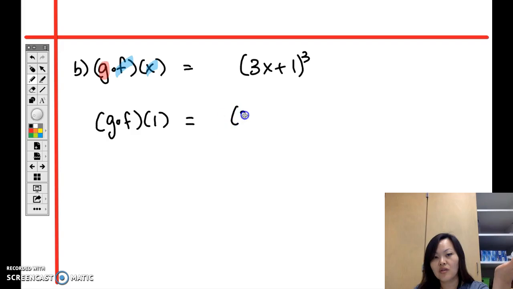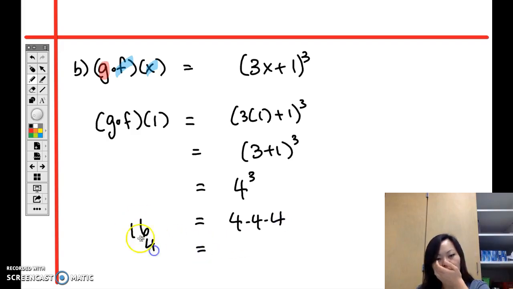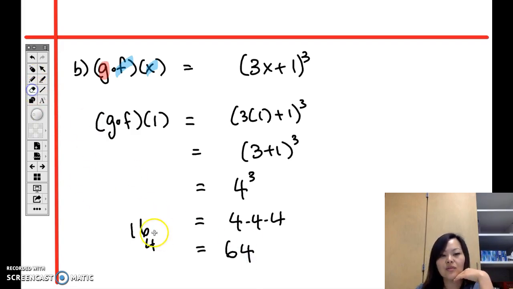So we're going to go 3 times 1 plus 1 raised to the third power, which is 3 plus 1, to the third power, which gives you 4 to the third power, which means you got to multiply the 4 three times. And so what's 16 times 4? Your answer is 64.